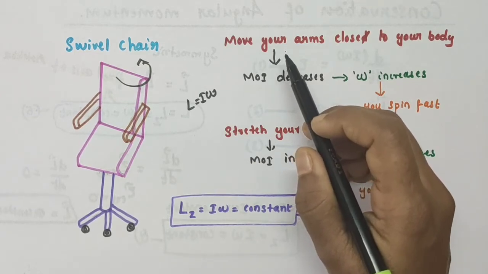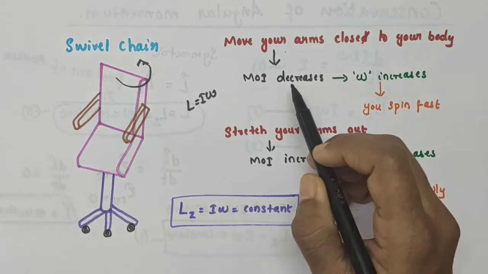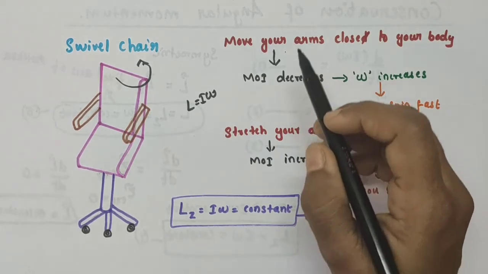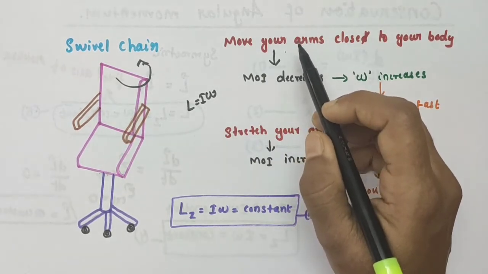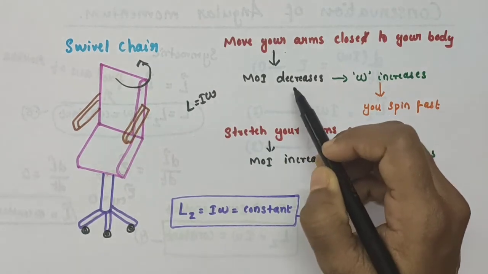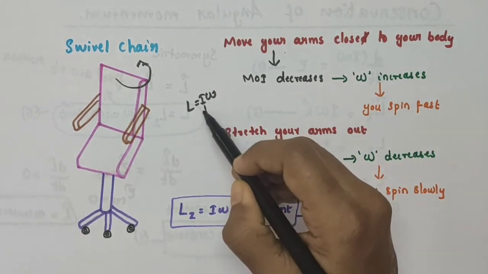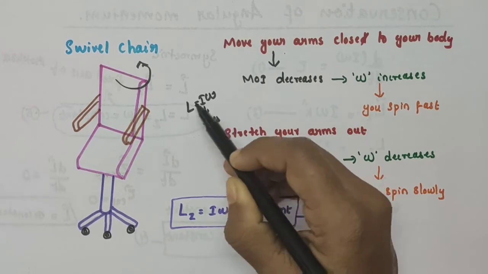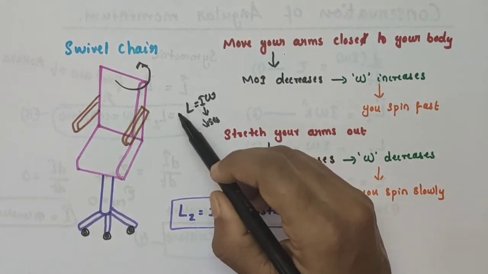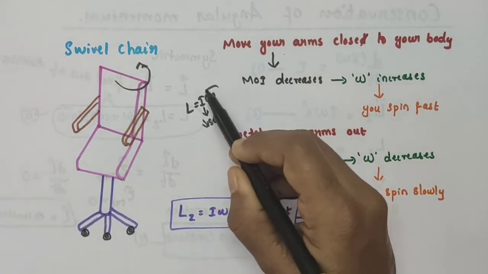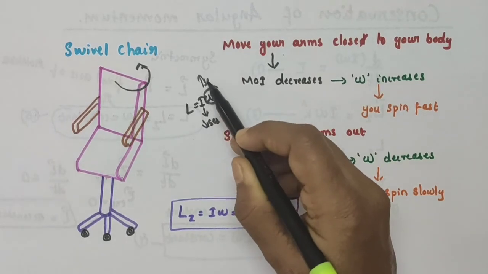When you move your arms in close to your body, your moment of inertia decreases. So, to conserve the angular momentum, your angular speed increases.